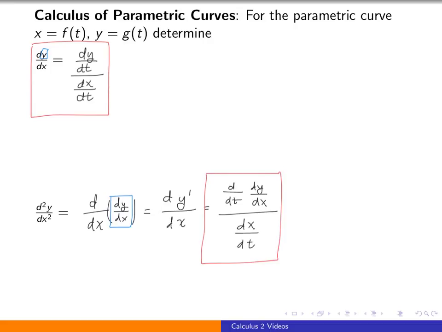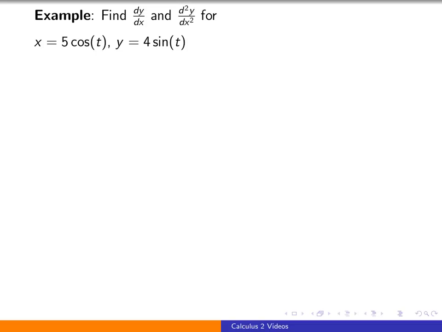Let's now put this into action through several examples. So for the parametric curve that we've seen earlier, x equals 5 cosine t, y equals 4 sine t, let's find representations for its derivative dy dx and its second derivative d squared y dx squared. So to begin, let's just remind ourselves what these formulas are. dy dx is simply dy dt divided by dx dt.